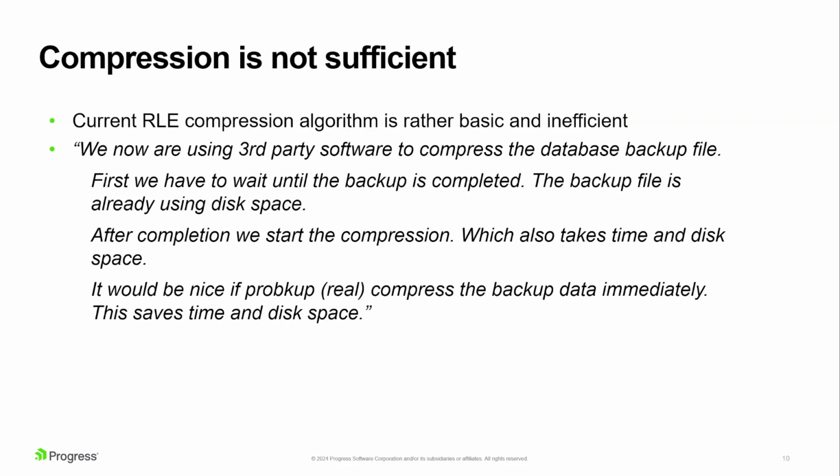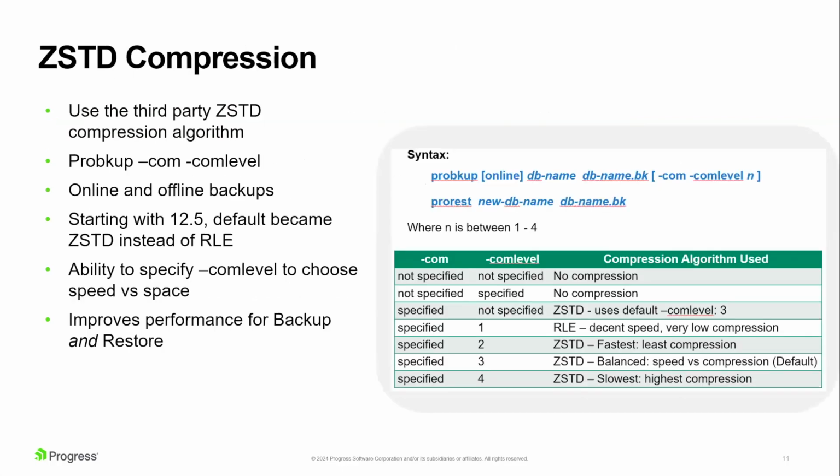The issue here was that the current RLE compression algorithm is rather basic and inefficient. So what we've done for this is we've added another option for compression. We use a third-party Zstandard compression algorithm. We've added two new options on ProBackup to help manage this, -com for compression, off or on, and -comlevel to indicate which level of compression you're going to use.